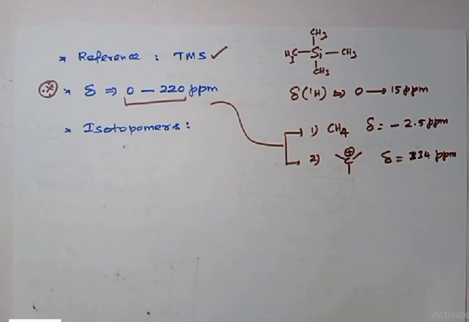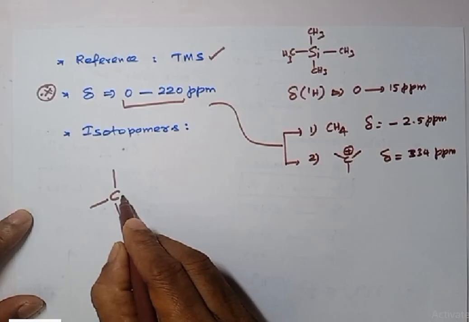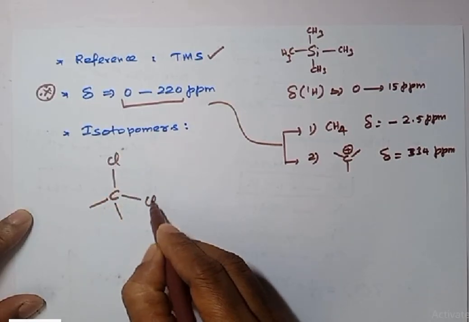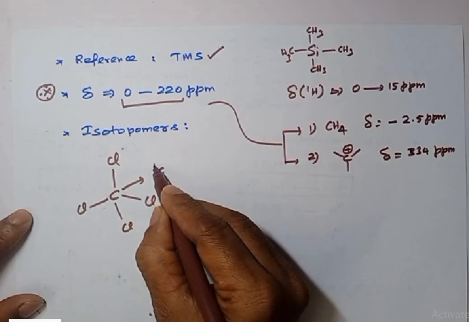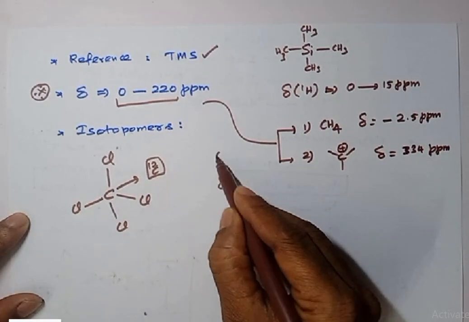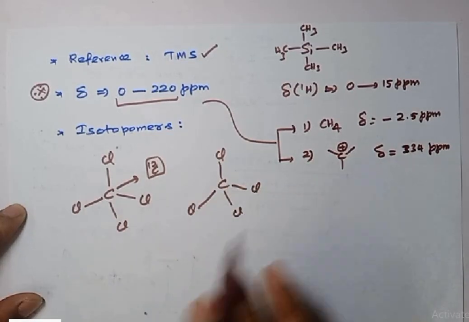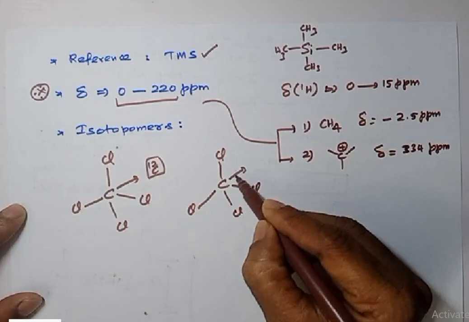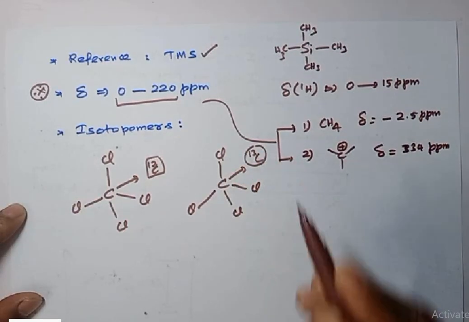For example, I'll take carbon tetrachloride, in which the carbon atom is a C12 carbon atom. Now, I'll take another molecule, CCl4. This is also CCl4, same molecular formula, same structure, everything. But now this carbon is not C12, it is C13 carbon.